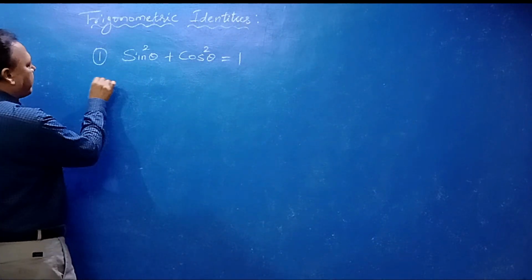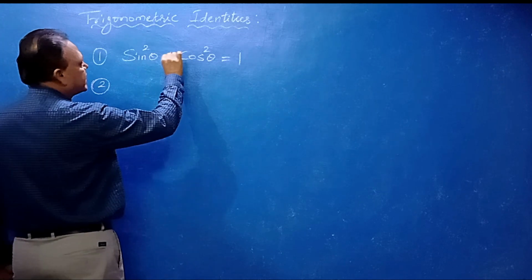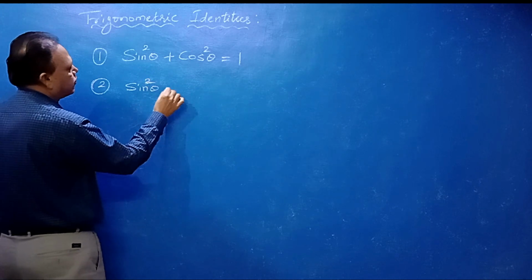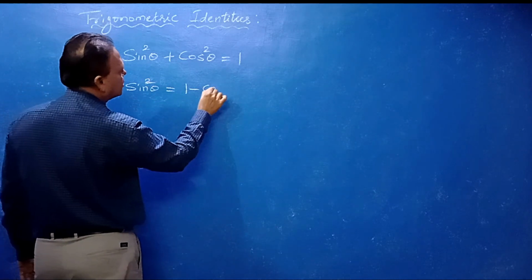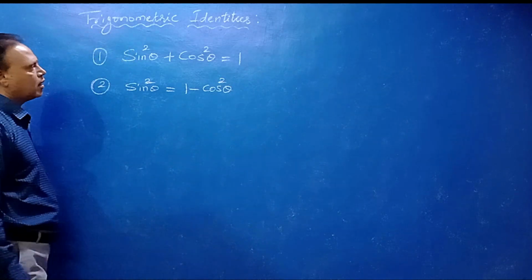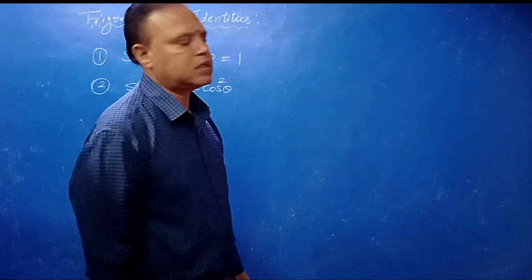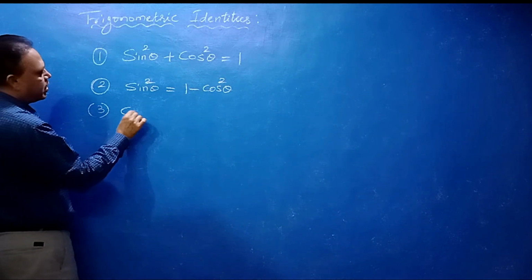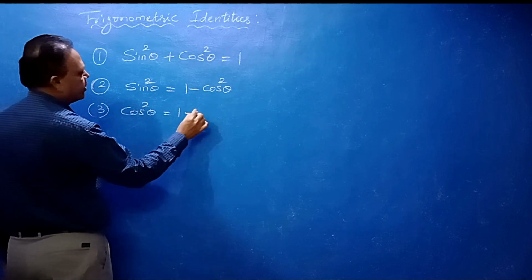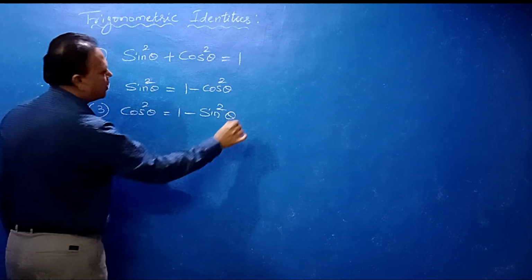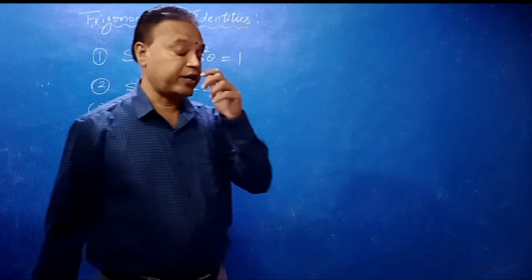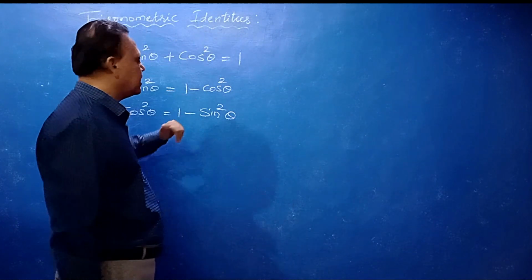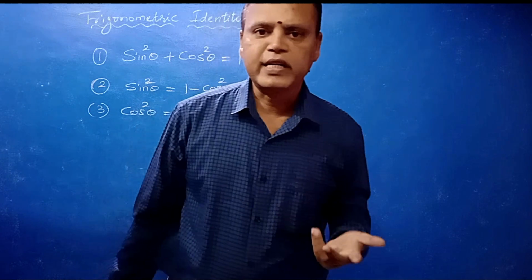The second one: bring this plus cos square theta to this side, means sin square theta equal to 1 minus cos square theta. Same way, cos square theta equal to 1 minus sin square theta. Anyway, you can use these. These three identities you are going to use in the problems, and you have to remember them always. If you remember this, you can easily write two more identities.